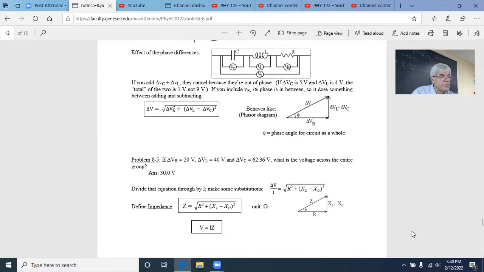And based on those, you're supposed to tell me the voltage across the entire group, V total, VT. And once again, you should pause that and work on it while I'm erasing a spot on the blackboard to write out the solution.